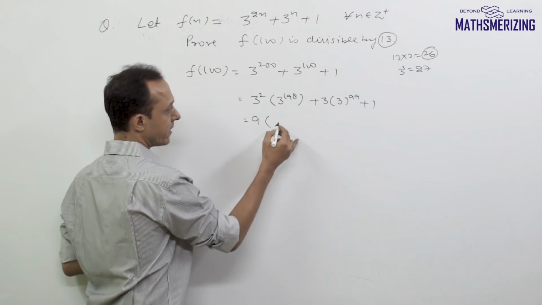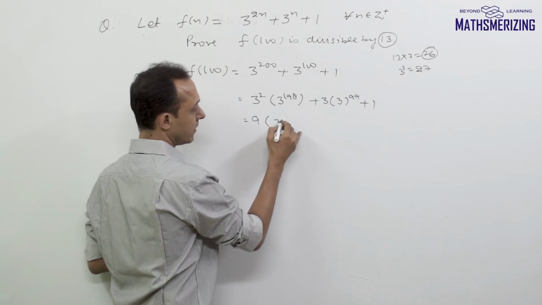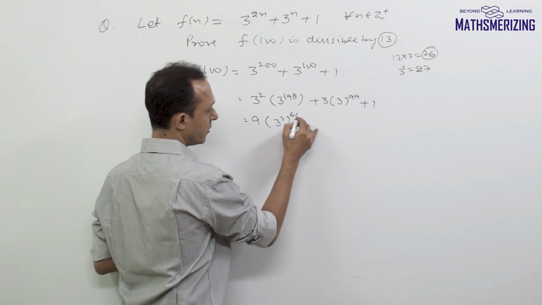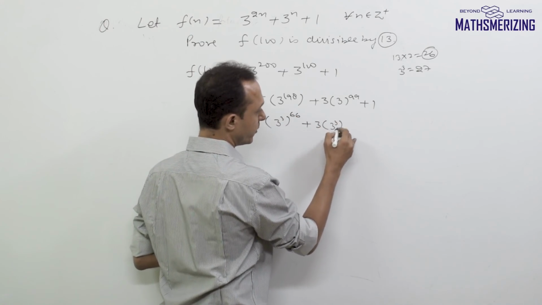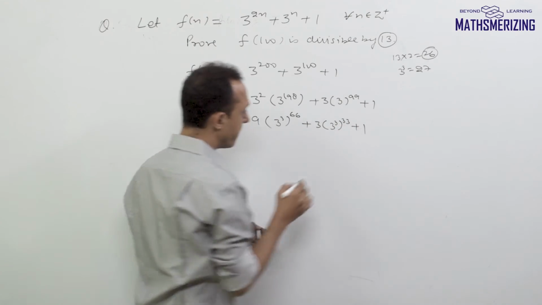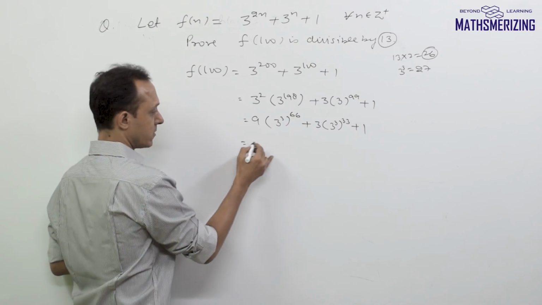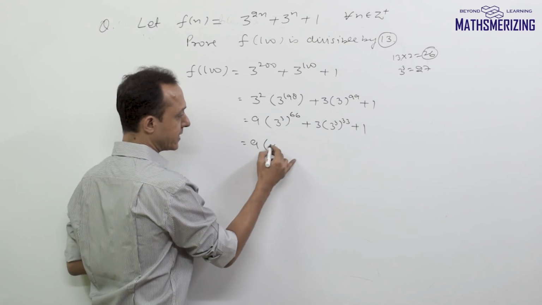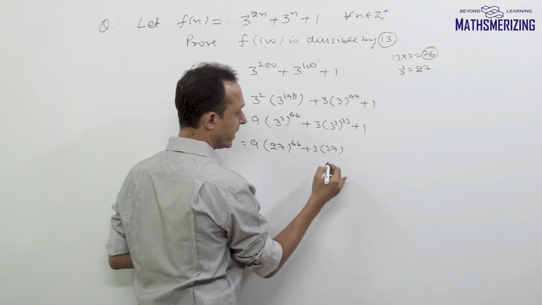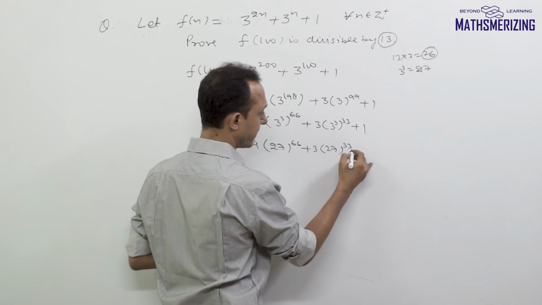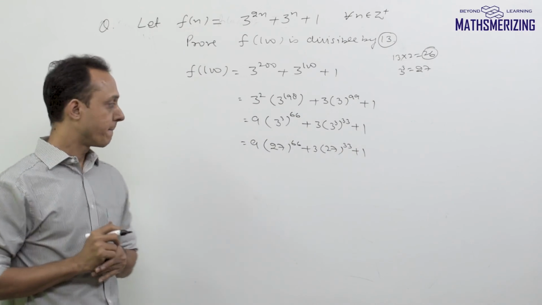So this is 9, and I'll write it as 3 cube to the power 66, and this is 3, 3 cube to the power 33, and then plus 1. So this is 9 and this is 27 to the power 66, and this is 27 to the power 33, and then plus 1.